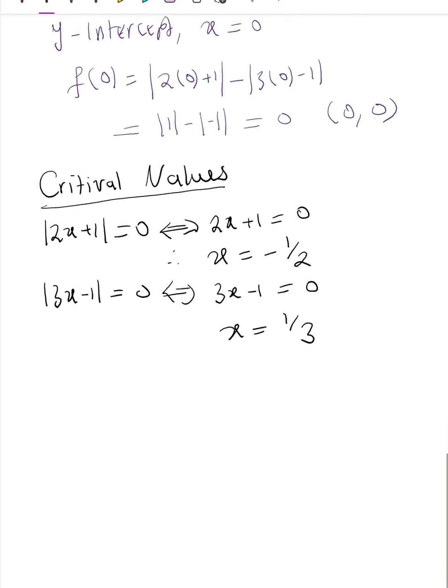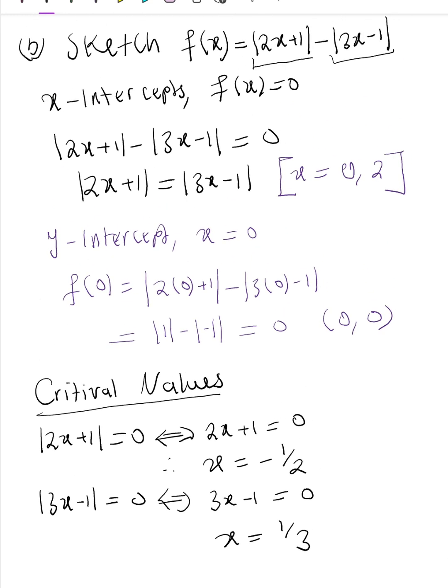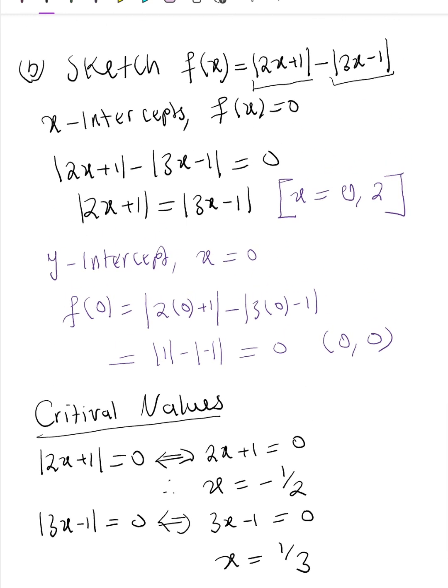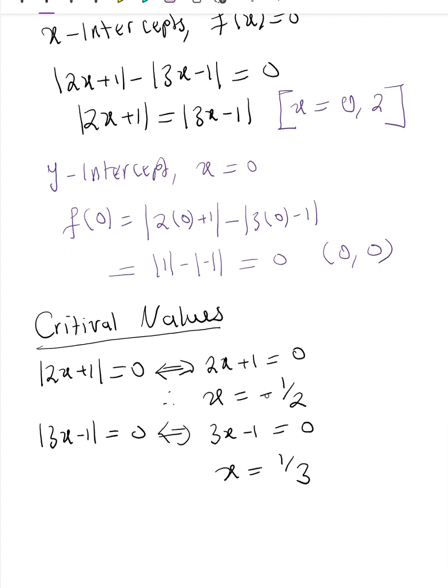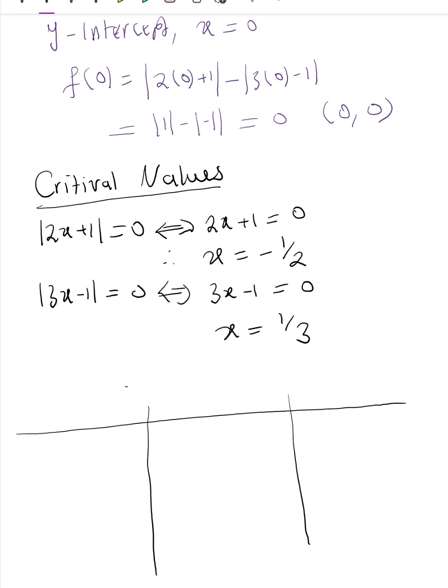Now, the next thing is to redefine this function. We want to write our function as a piecewise function. So this piecewise function is going to have three regions because we have two critical points. So I will draw a very simple table. I have negative 1 over 2 and I have 1 over 3.